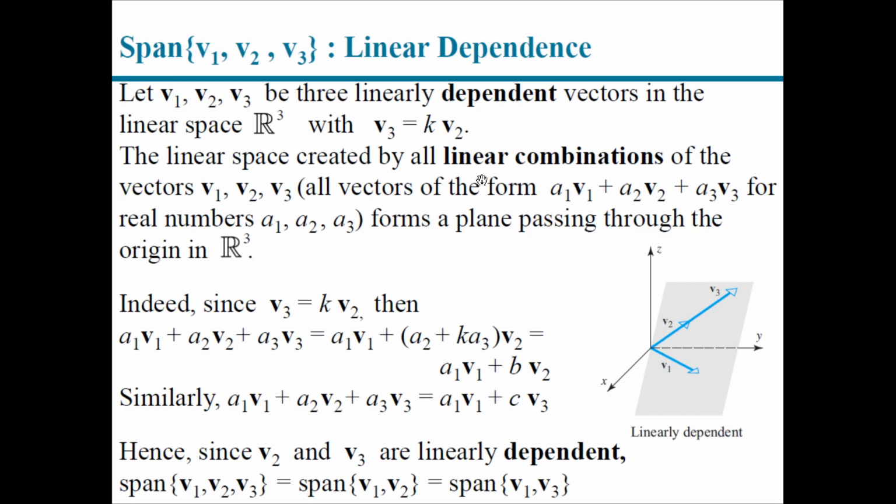And it's the set of all linear combinations of v1, v2, v3. But since v3 is a number times v2, when I plug it in here, what I actually get is a number times v1 plus a number times v2. I don't need v3, that's what it means. Here, the space generated by v1, v2, v3 is the same as the space generated by v1 and v2.